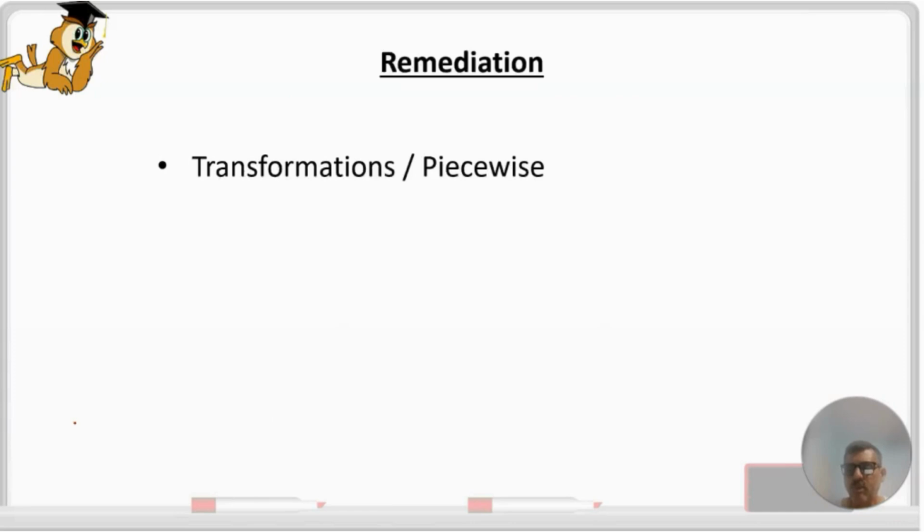Breaking the problem into multiple problems is called piecewise, and we looked at this in an earlier lecture. Or transformations: you could transform your variables so that linearity gets obeyed, or multicollinearity goes away. Transformations and running piecewise are one way to remediate. Not always, but these are two things you may want to explore.